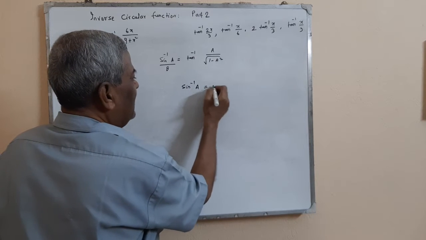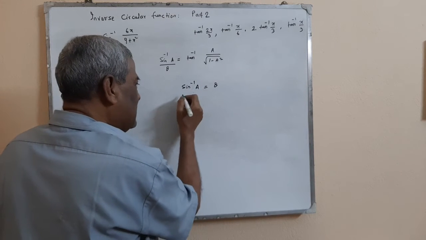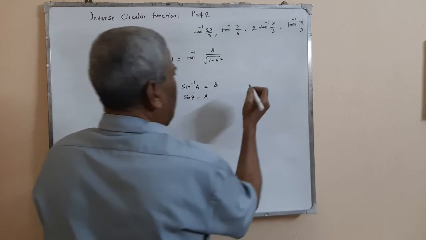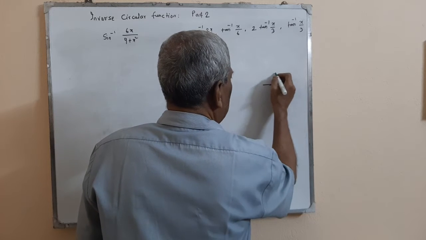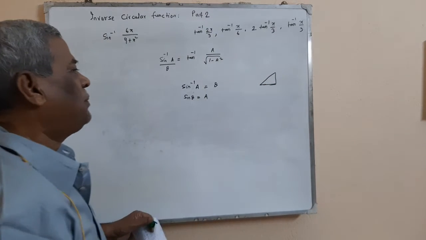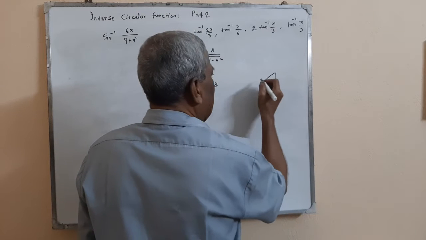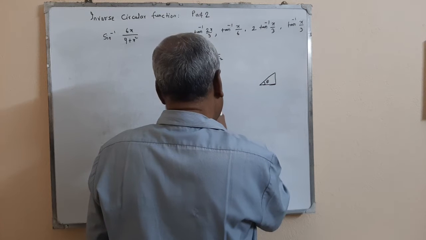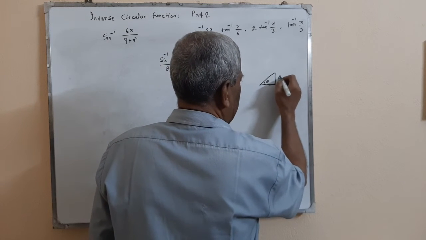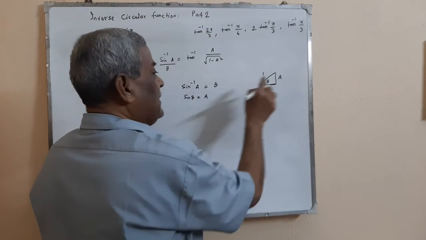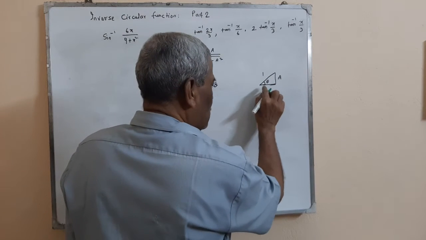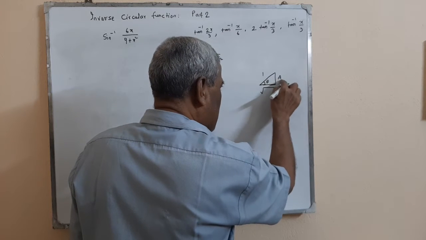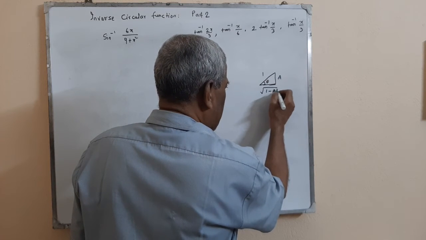Sine inverse A is equal to theta. So sine theta is equal to A. But to express it in terms of tan inverse A, find tan theta. Sine theta is height divided by hypotenuse, so A divided by 1. By Pythagoras theorem, the base is root over of 1 minus A square.